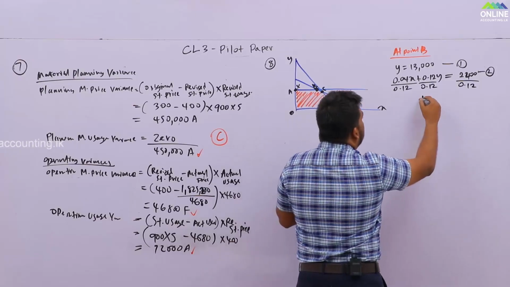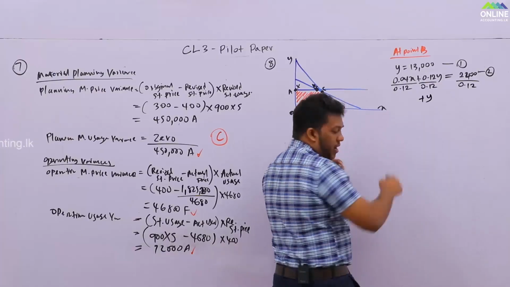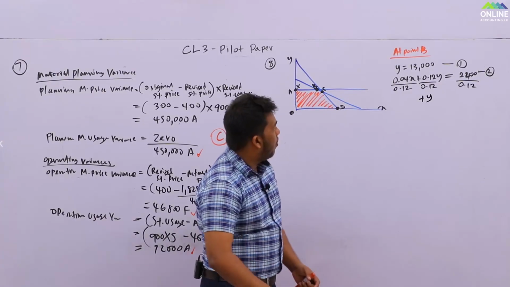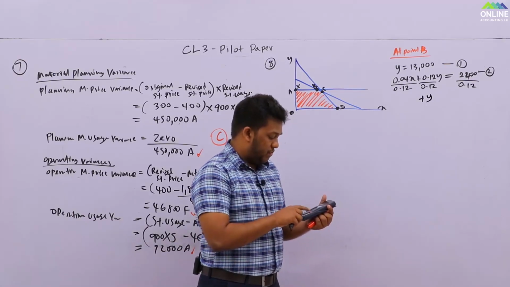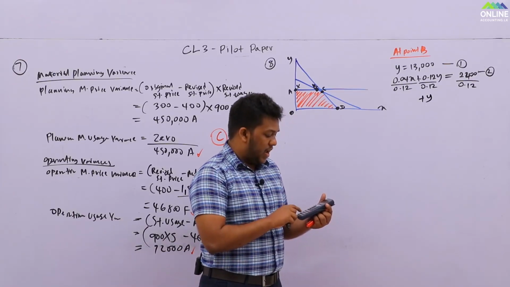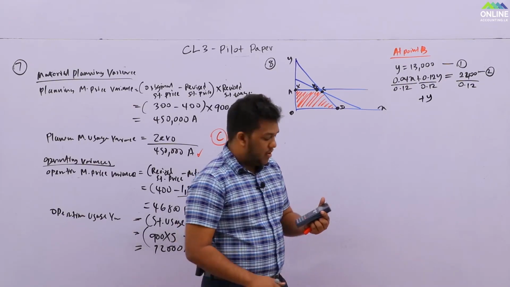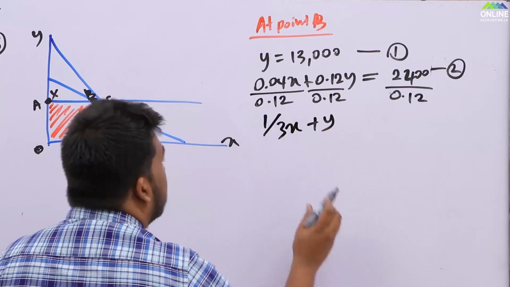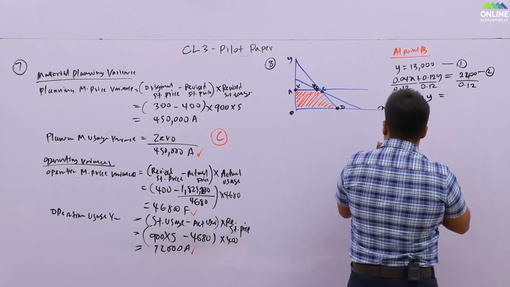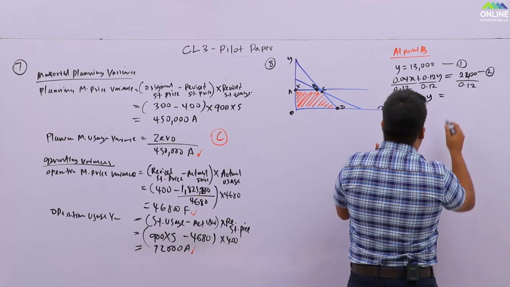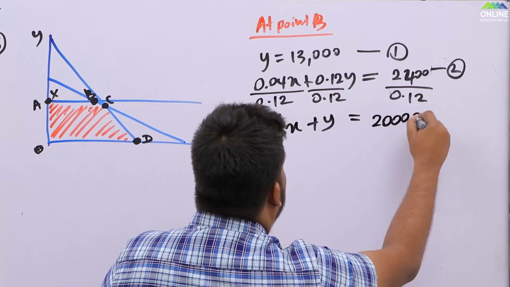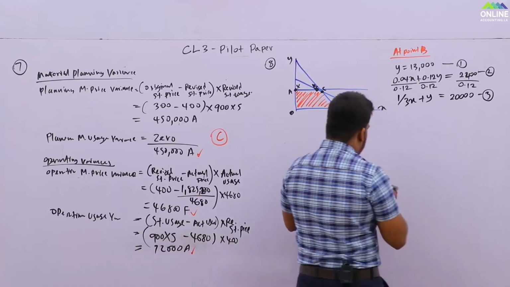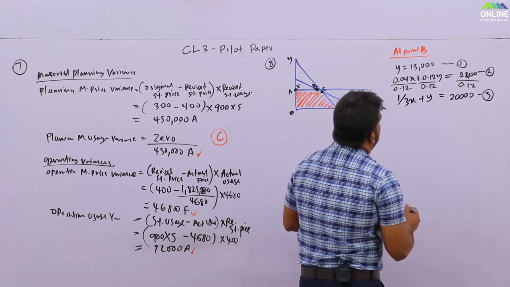So here you will be getting 1y, and 0.04 divided by 0.12 is 0.3333, which means 1 divided by 3x equals 2400 divided by 0.12, that is 20,000. So this is the third formula. We can now use the third and first formula.